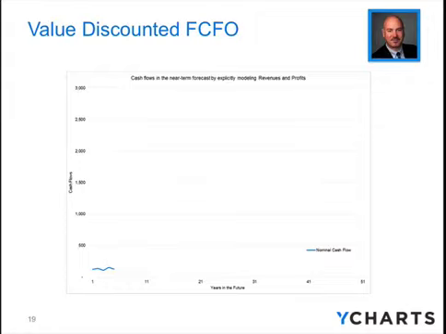You can see they're squiggly. I've explicitly projected a couple downturns in the free cash flow. But basically, I'm looking at current conditions and projecting what near-term likely conditions will be.